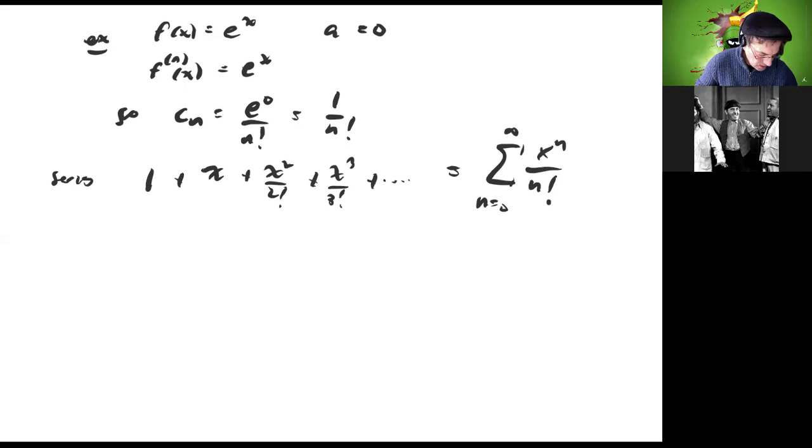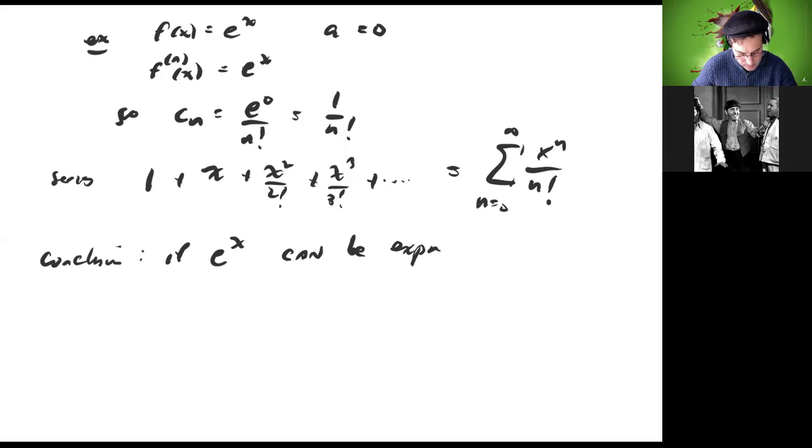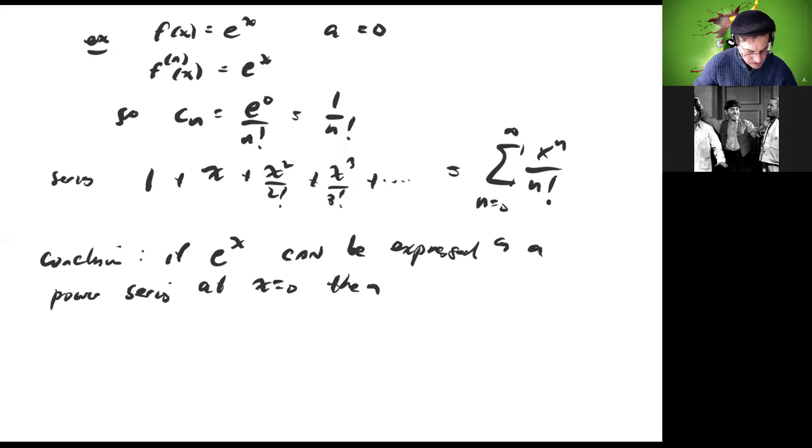So the conclusion here: if e to the x can be expressed as a power series at x equals 0, then e to the x must be equal to, at least for some values of x near 0, the summation of x to the n over n factorial, n goes from 0 to infinity.